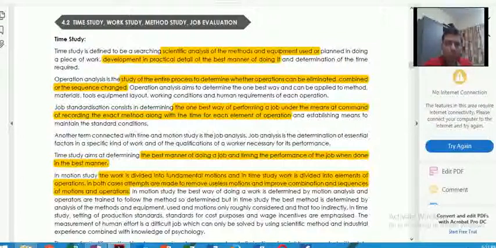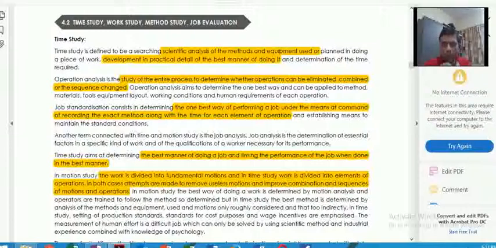Processing time is the actual time required for converting the raw material to finished goods, and unloading time is the total time required to unload the finished goods which were converted from raw material. So these are the various times. We divide the total time into these three times, loading time, processing time and unloading time, and we try to bifurcate the total time.